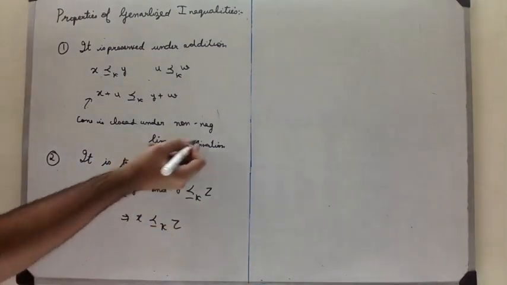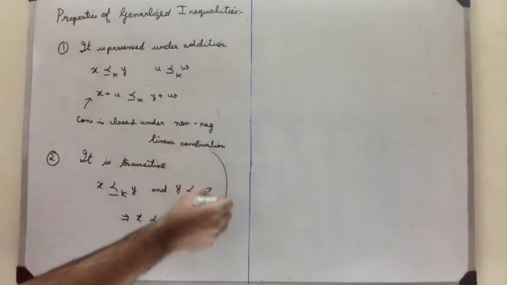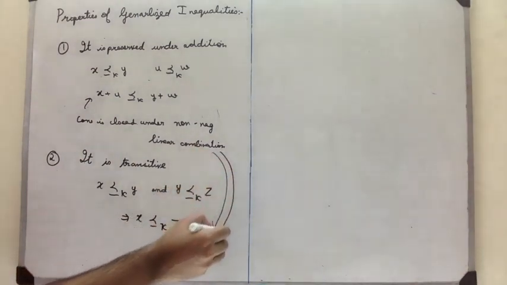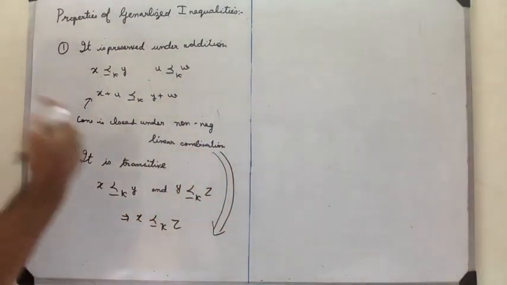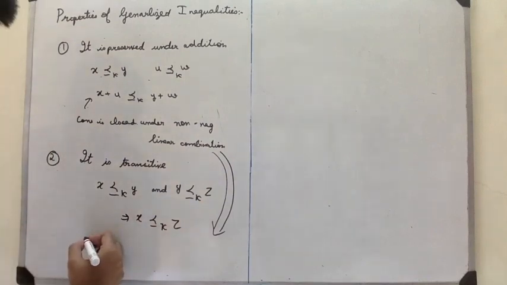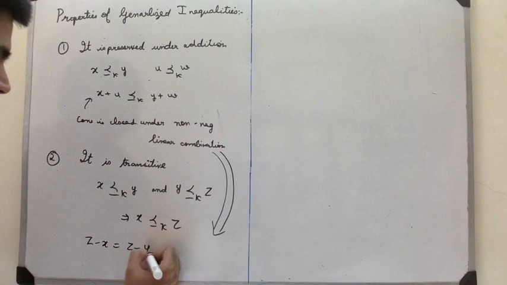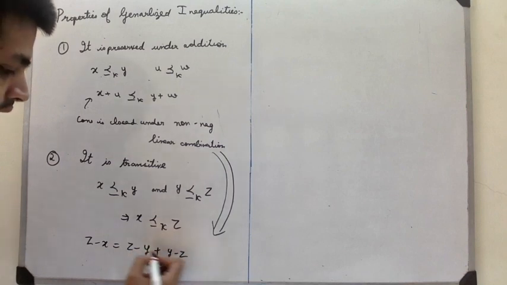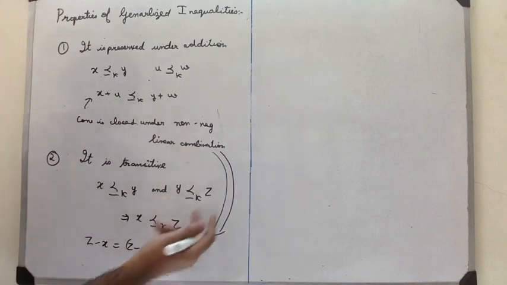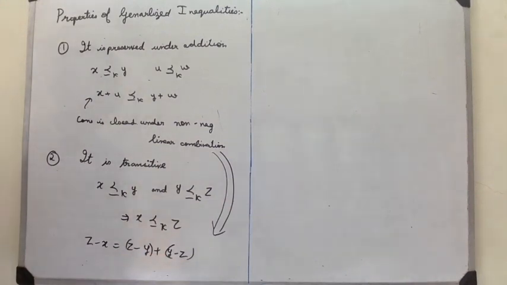Again, this is because of the cone being closed under non-negative linear combination. Because z minus x, you can write it as z minus y plus y minus x. If both lie in K, then their sum must also lie in K.